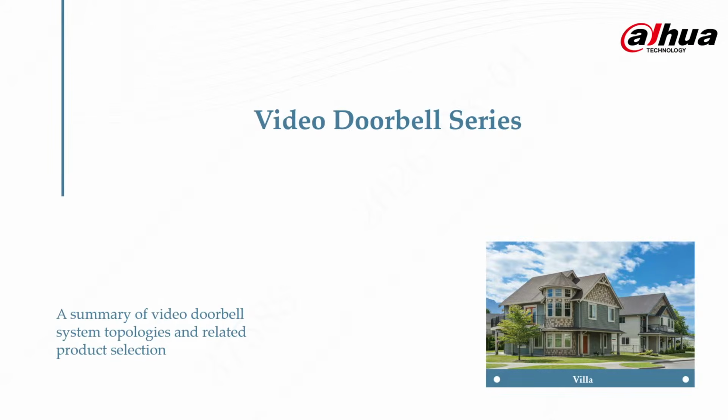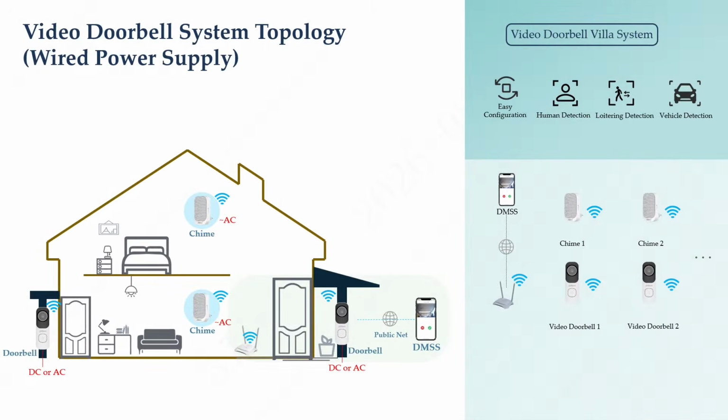Okay, let's talk about doorbells, which is quite interesting, since what is a doorbell? A doorbell is a device installed next to the door. It's connecting to your local Wi-Fi, so it is online. So if somebody pushes the button, you will get a notification.